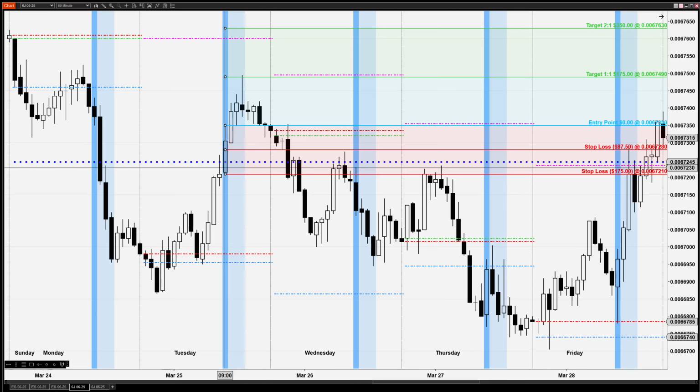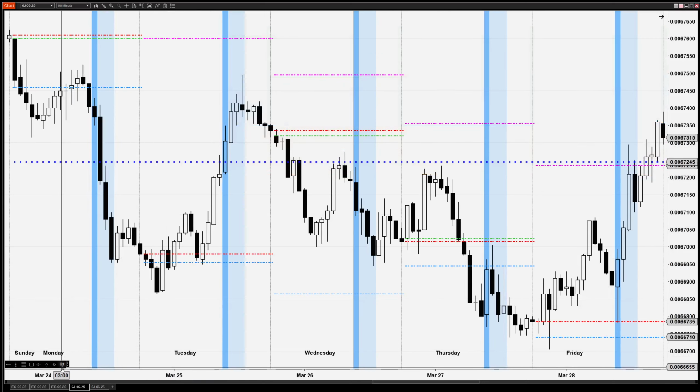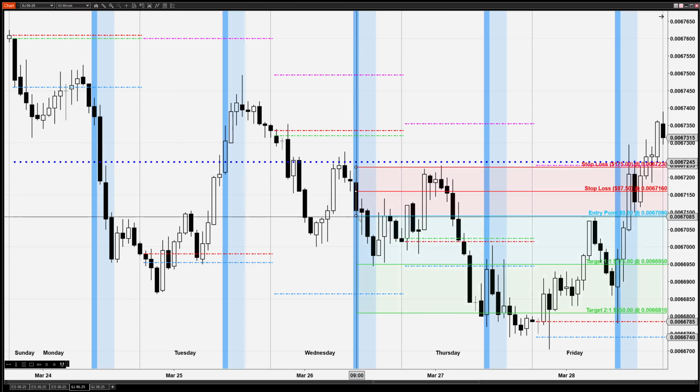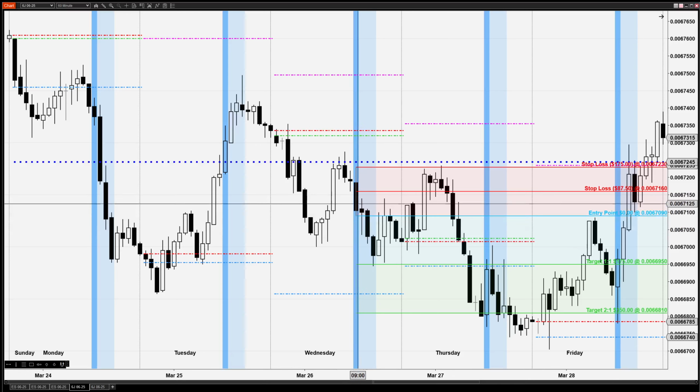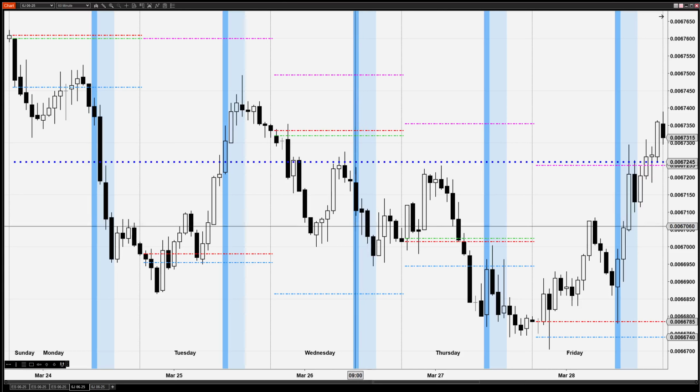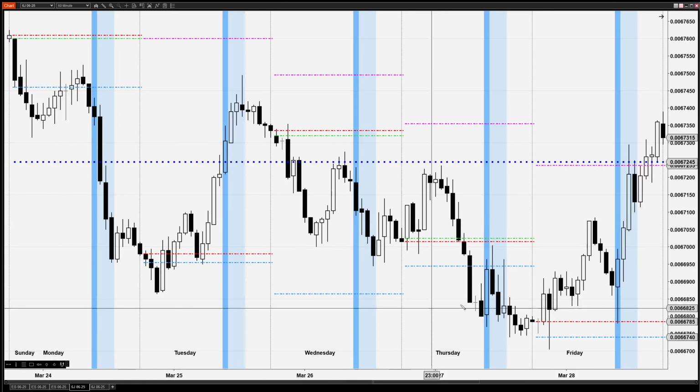So now we go to the next day. And we can see this fired short. We can see it didn't come close to either stop loss. And again, we got to a 1R target, didn't get to the 2R. And then you would record it in your spreadsheet accordingly. And we get up here.